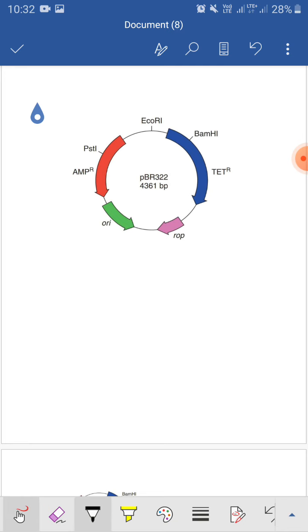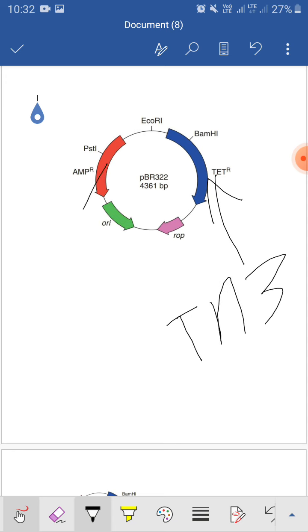The plasmid pBR322 is 4361 base pairs long, and the tetracycline resistance gene was cloned from the transposon Tn3, and the ampicillin resistance gene was cloned from the plasmid pMB1.